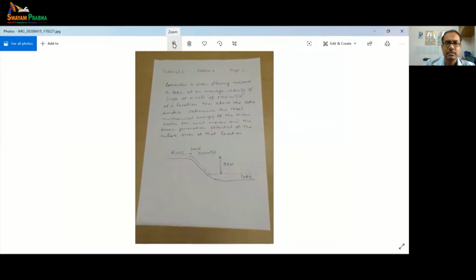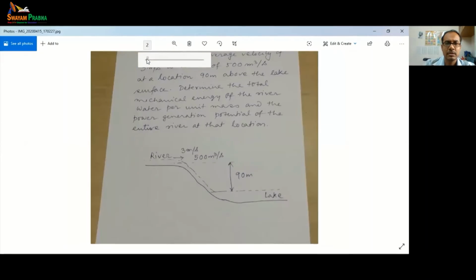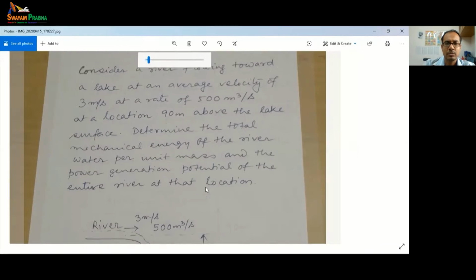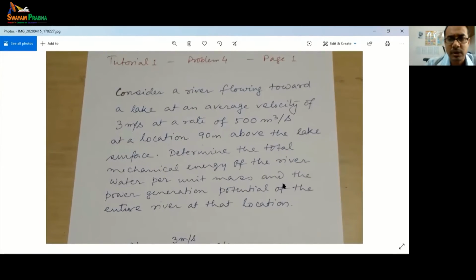Let's take this problem 4. Let me zoom this out a little bit. So what this problem is asking us to do: consider a river flowing towards a lake at an average velocity of 3 meter per second at a rate of 500 meter cube per second.